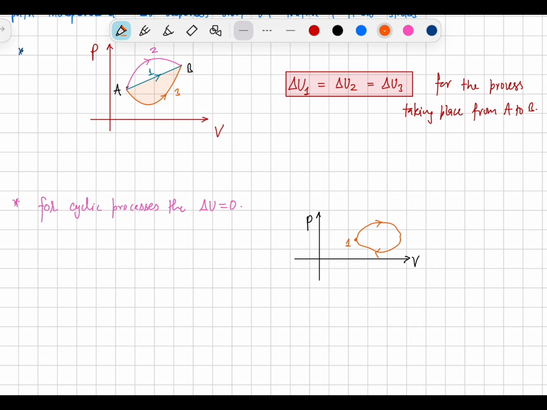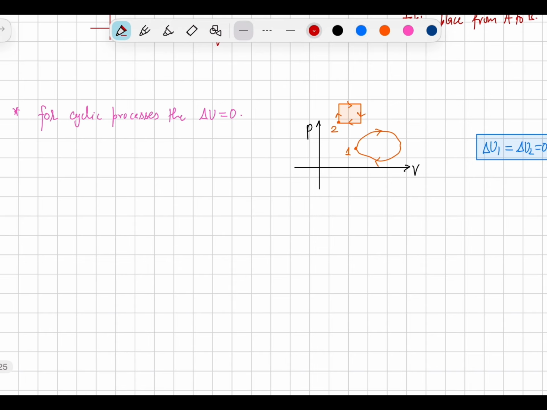Or it can be like this, it starts from state 2 and makes a rectangular path. So in all the cases, delta U1 equals delta U2 equals 0. There should be no confusion in this case. It's too straightforward.